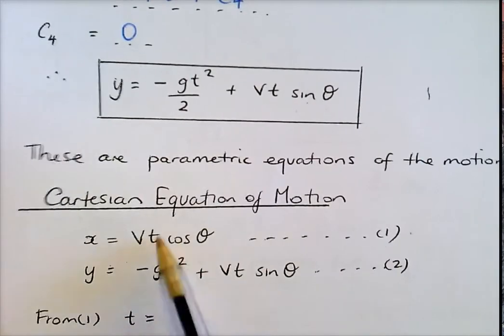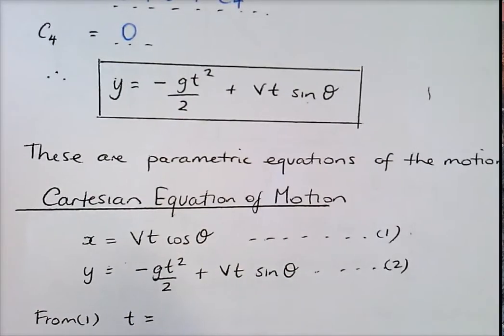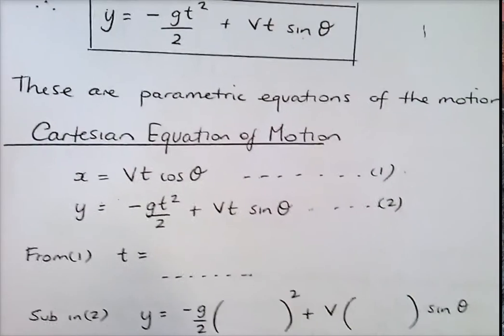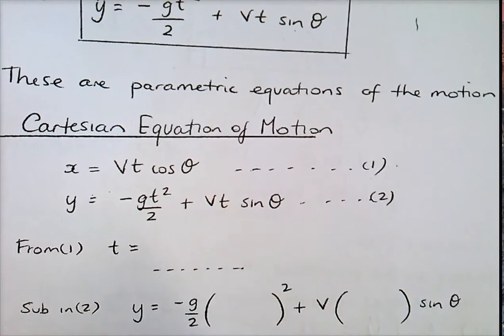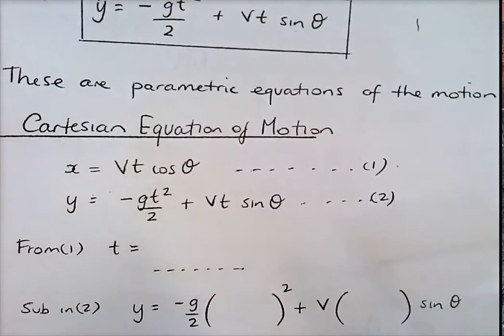I can eliminate the parameter t and make the equation in terms of y, x and theta only. So to find the Cartesian equation, I need to eliminate parameter t. If I rearrange equation 1, x equals vt cos theta, and make t the subject, what do you get?